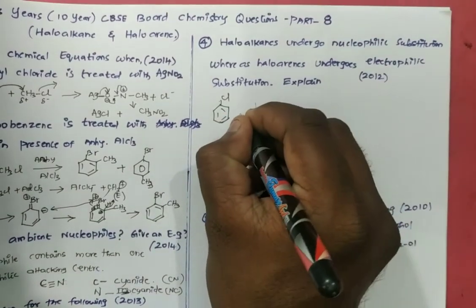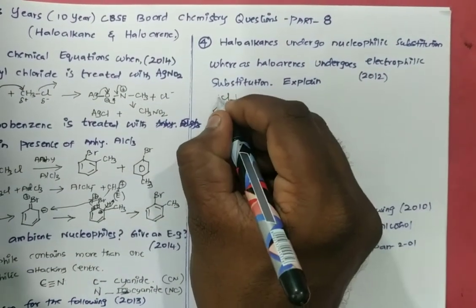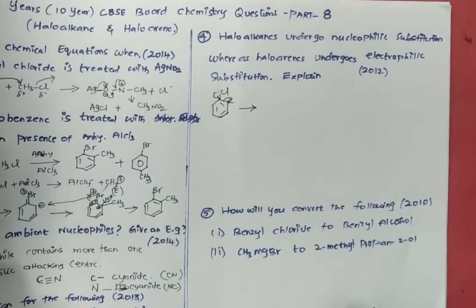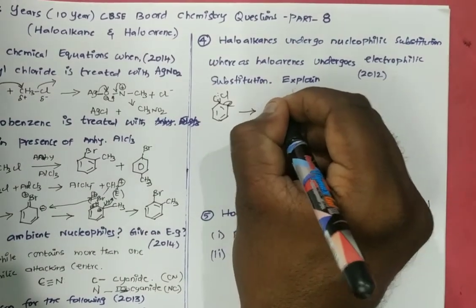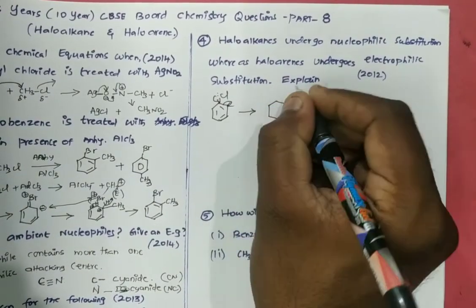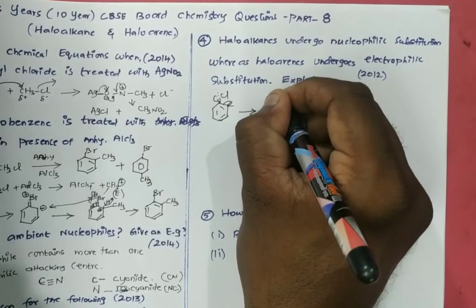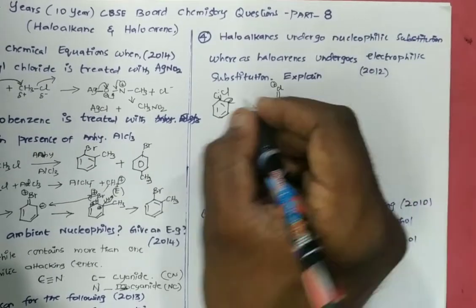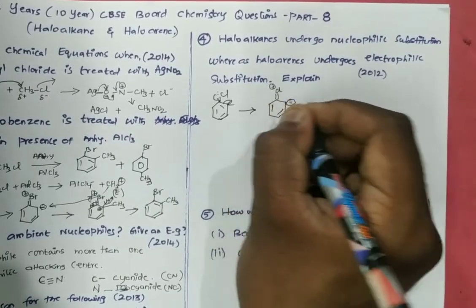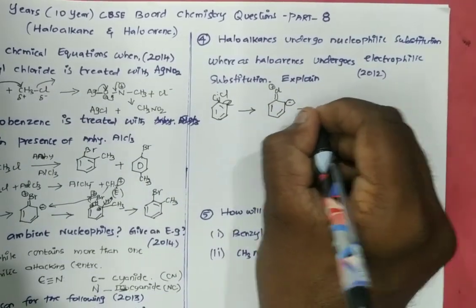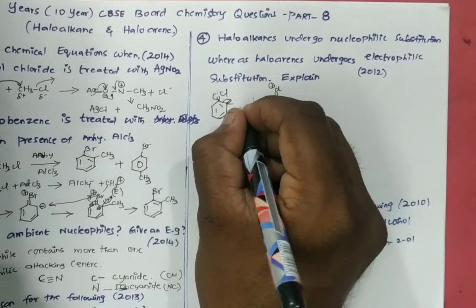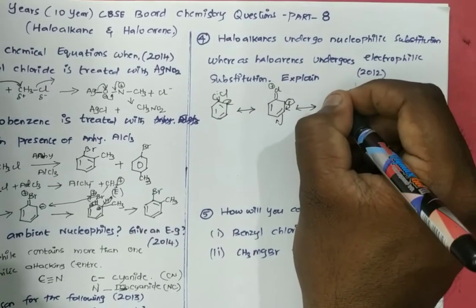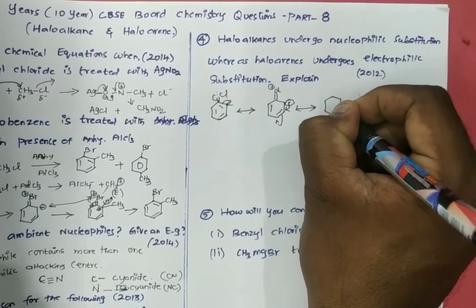Now, chlorine donates its electron, so it undergoes resonance. Because of the resonance, it gets stabilized. Here we get a double bond as well as a positive charge on chlorine, and one bond breaks, giving a negative charge on the ring. Taking it further, the negative charge shifts, and I get another resonance structure.